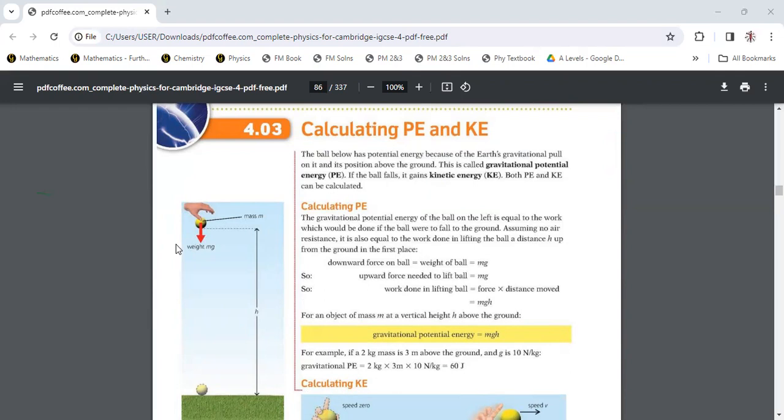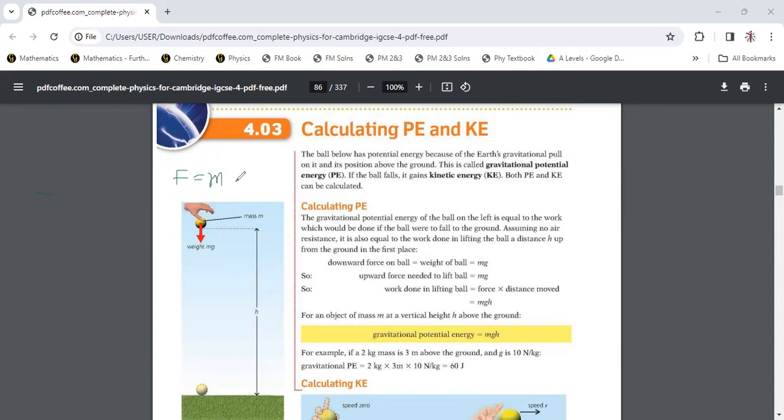So the potential energy right here is equal to the work done if the ball falls to the ground. So it needs to be equal to the force times the distance. Be very careful here, because our force here will be equal to our weight. Our weight is not the mass.